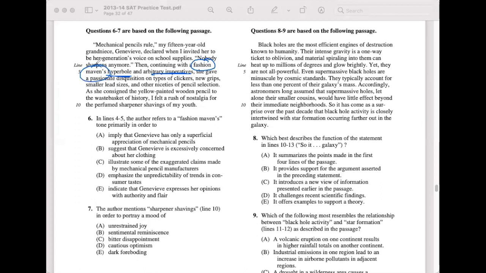So let's look at the options. The author refers to a fashion maven to imply that Genevieve has only a superficial appreciation of mechanical pencils, suggest that Genevieve is excessively concerned about her clothing, illustrate some of the exaggerated claims made by mechanical pencil manufacturers, emphasize the unpredictability of trends in consumer tastes, and indicate that Genevieve expresses her opinions with authority and flair.